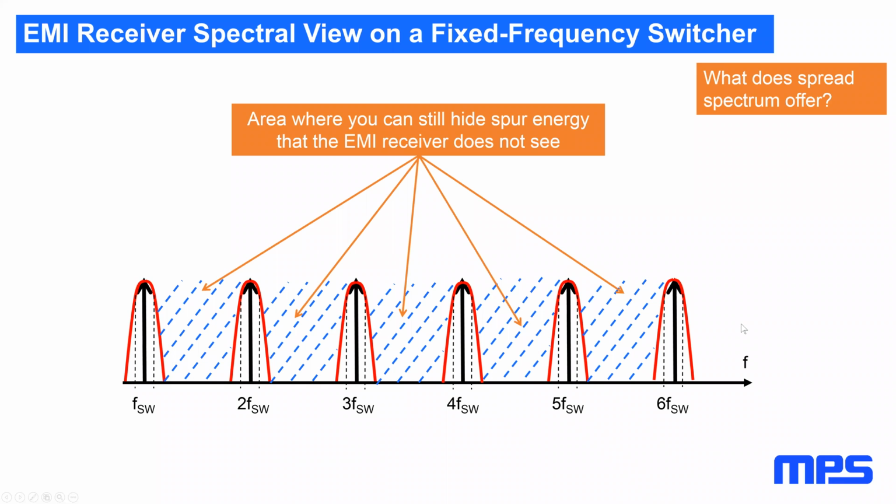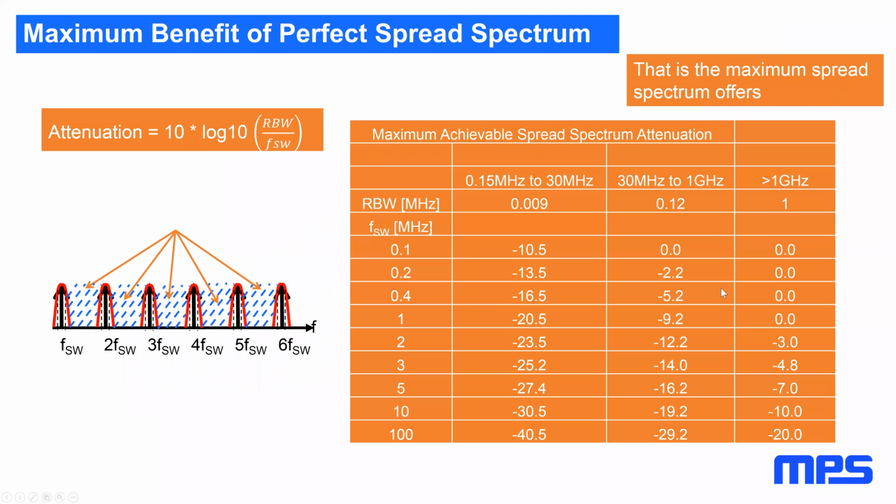If you know that, it's pretty simple to give an equation for what attenuation a perfect spread spectrum, which makes white noise, can get compared to a fixed frequency switcher. You see at 2 megahertz, up to 30 megahertz with 9 kilohertz resolution bandwidth, the maximum a white noise switcher would achieve is minus 23.5 dB.